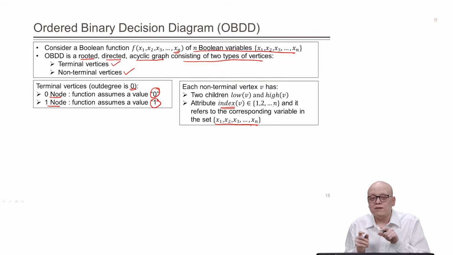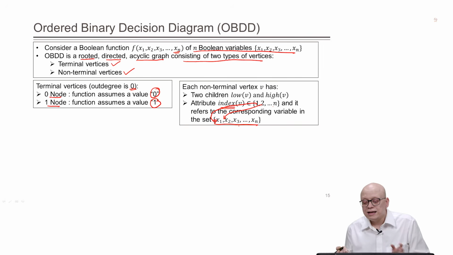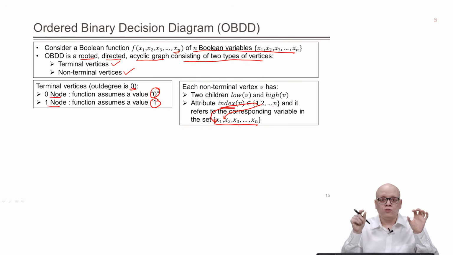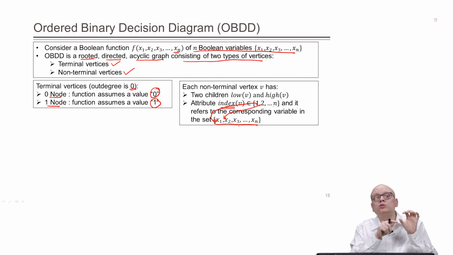So, 1 corresponds to x1, 2 to x2, 3 to x3 and n to xn. Each vertex in the OBDD has a label 1, 2, 3, 4 and so on, and these labels correspond to the variables.